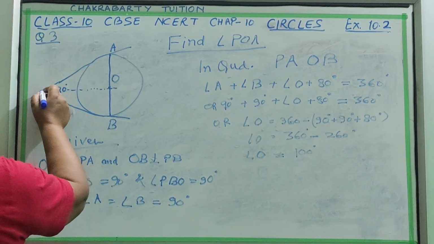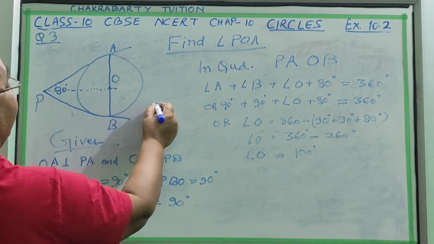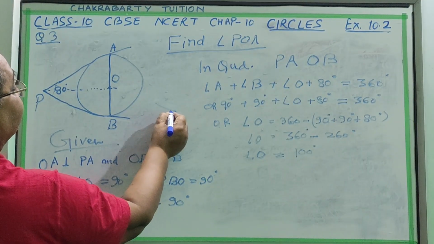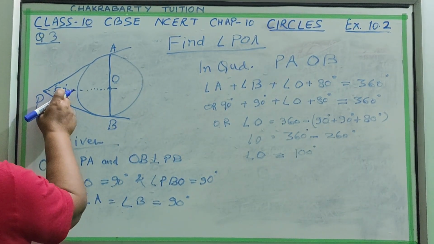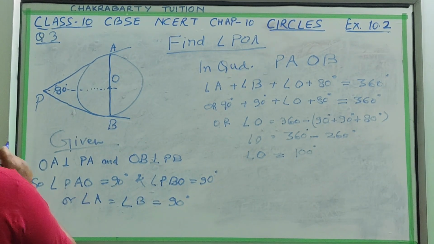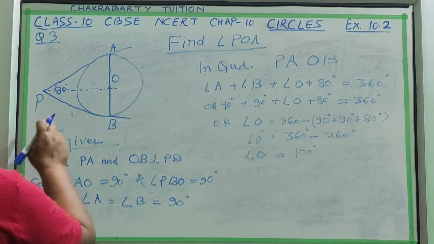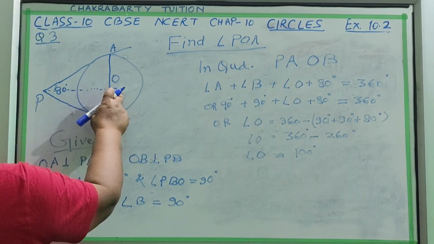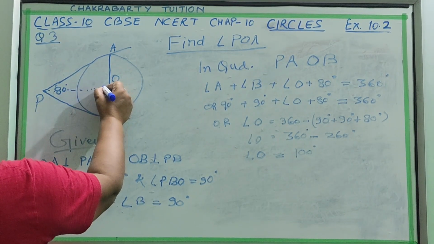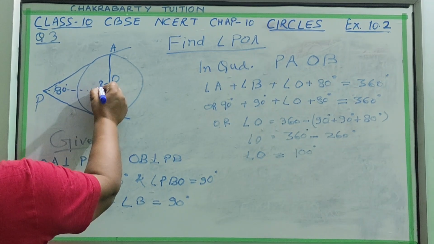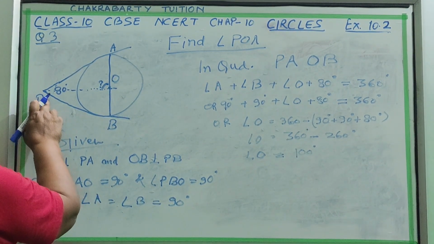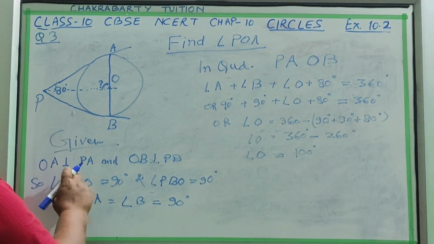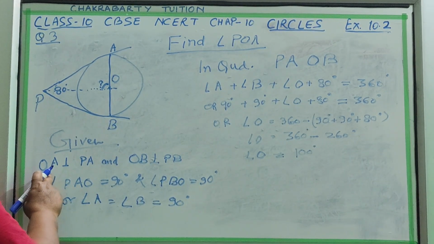This tangent line and this tangent line are inclined to each other. You have to find this angle, it is the question mark. So now you see this PA and PB. Our line OA.